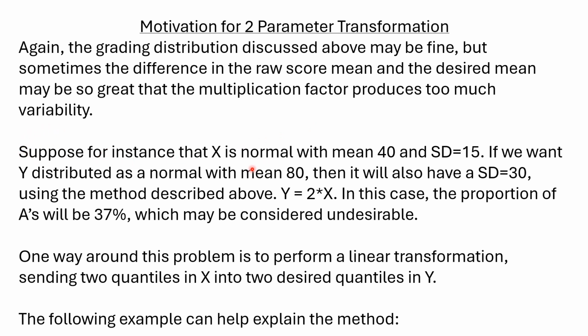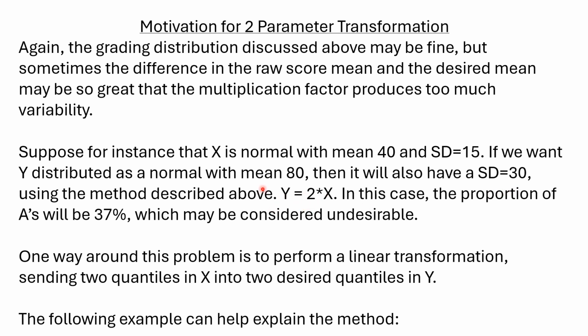Suppose, for instance, that the original exam scores X are normal with mean 40 and standard deviation 15. If we want to transform these into adjusted scores that have a mean of 80, using the method that we just described above will also yield a distribution with a standard deviation of 30 percentage points.